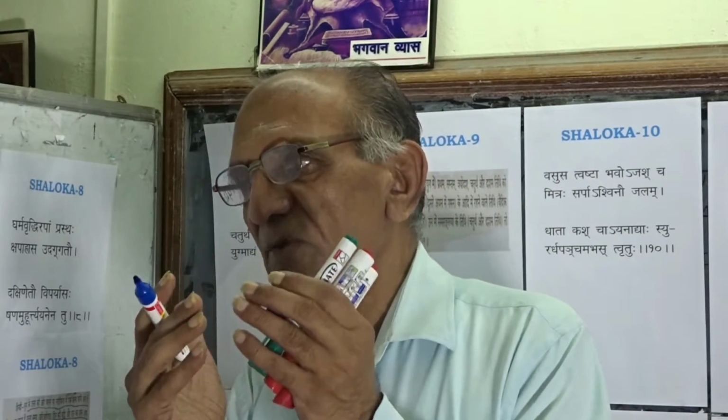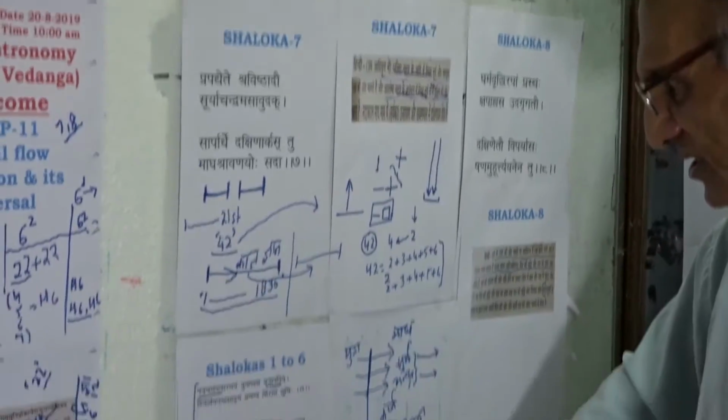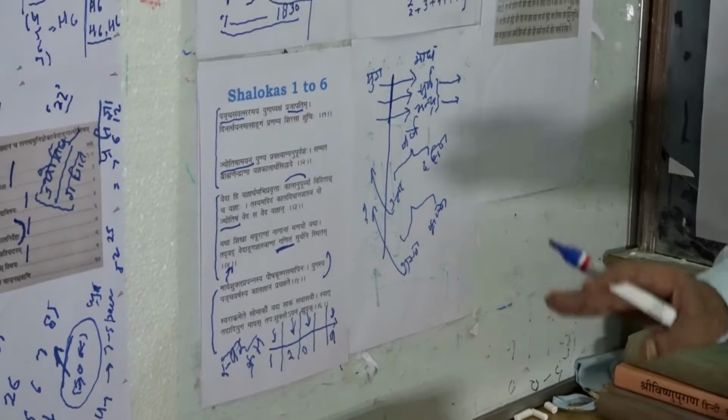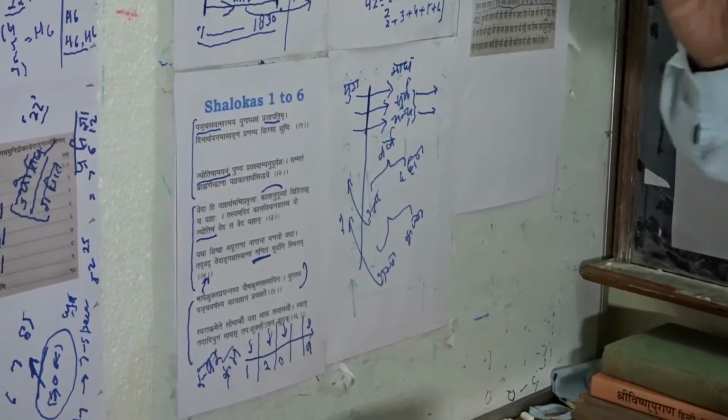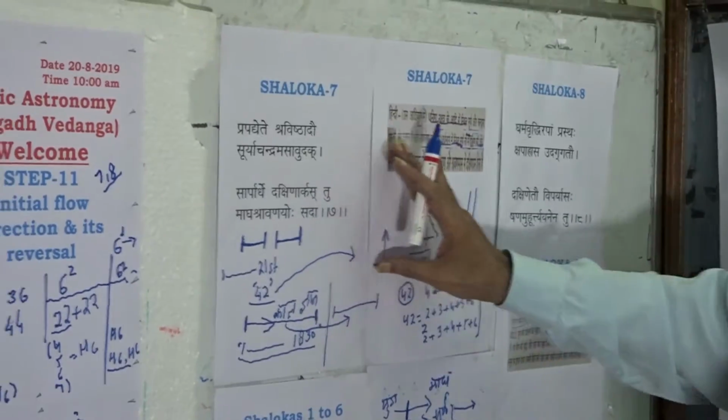It is this phenomenon, this feature, this value, this format, which is the basic value and format which we have reached up till the shlokas 5 and 6. Today our focus is going to be on the shlokas 7 and 8.